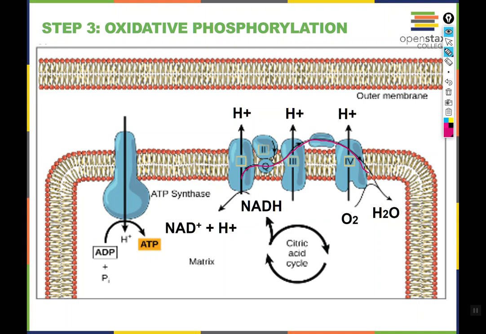And what that's doing is there's lots of protons in here. Some of them even come from the NADH themselves. So these protons are being pumped against their concentration gradient. So the actual reality is, in the intermembrane space, there are a lot of protons.